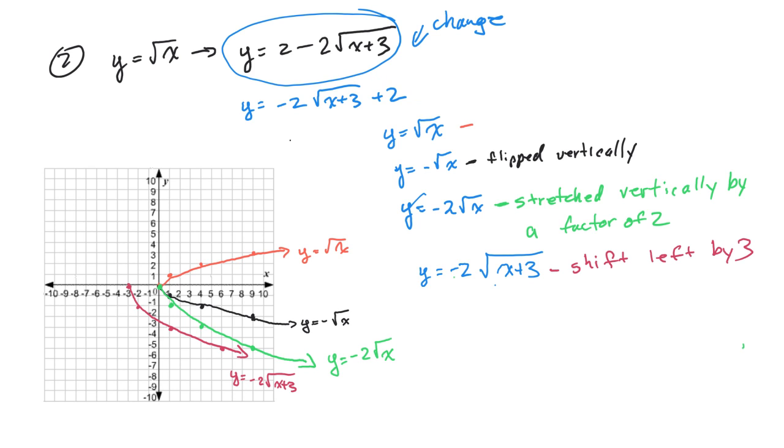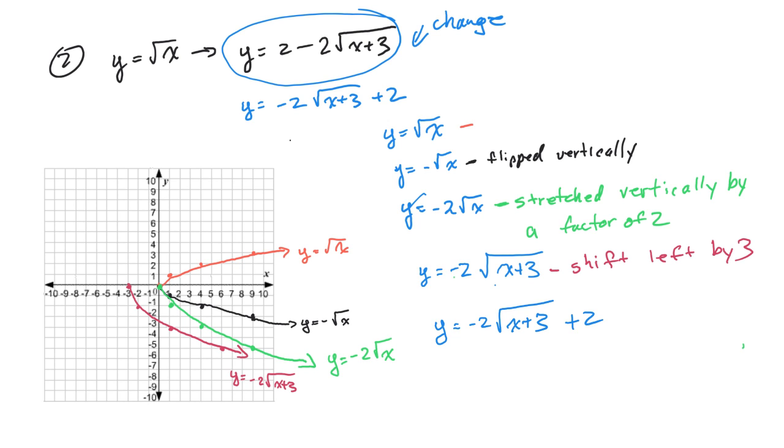And then that's it. So now our final transformation on our graph is this plus 2. That plus 2 always tells us that it's moving up or down. If it's positive, it moves up, and if it's negative, it moves down. So our final equation is y is equal to negative 2 root of x plus 3, and then we add 2 to it. Now I'm going to use a different color pen, a nice purple.